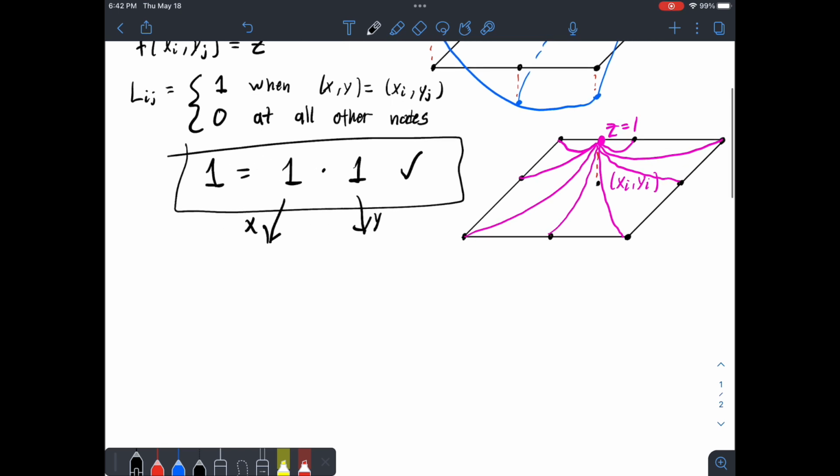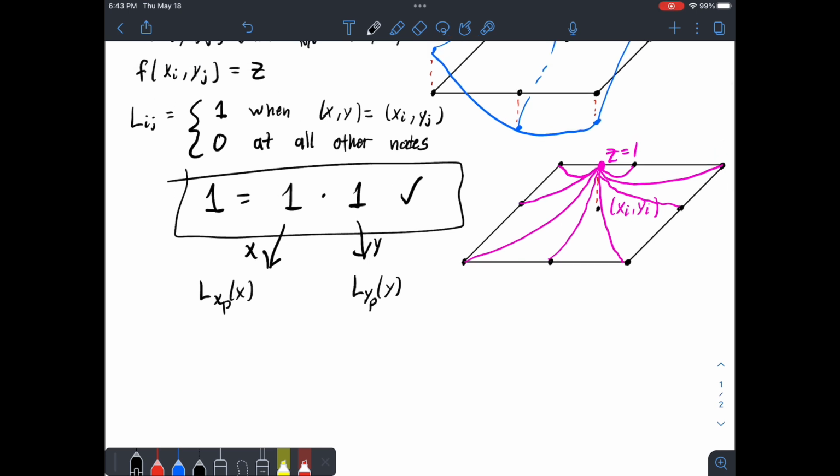So let's call the first one Lx of x, and we're going to have Ly of y. But we need Ly at P. So we have to have some point P that we're referencing. This is similar to saying xp, yp.